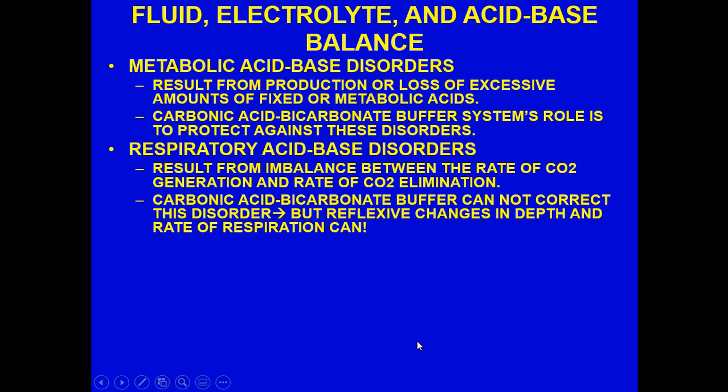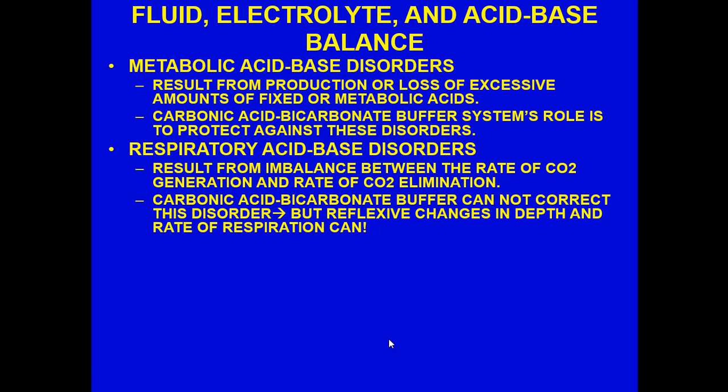Now, you're going to have situations where you're going to face metabolic acid-base disorders. And then you're also going to face other situations where you're going to have respiratory acid-base disorders, okay? Metabolic disorders result from the production or loss of excessive amounts of fixed or metabolic acids.